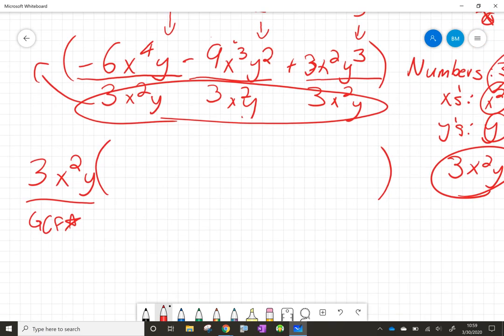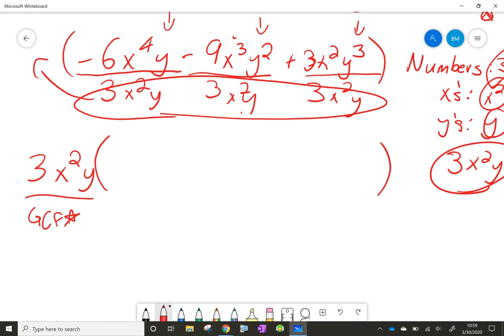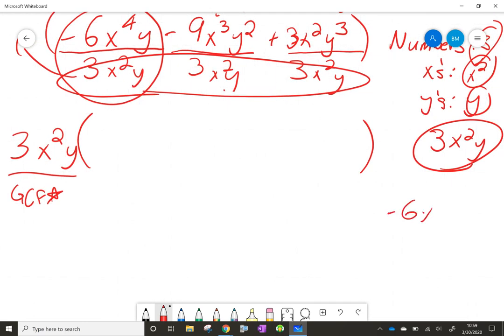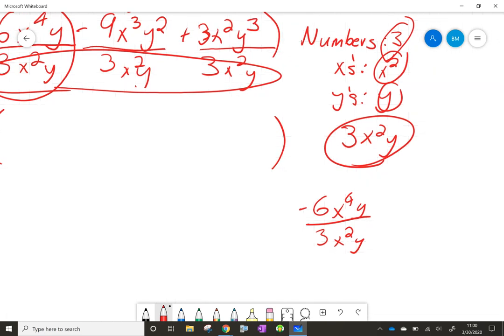Now, the trick is, let's divide the rest. It looks like a hot mess, but we can divide this. Let's look at the first term: negative 6x to the fourth y is being divided by 3x squared y. Let's do the numbers. Negative 6 divided by 3 is negative 2. We have 4 x's on top, 2 x's on bottom.